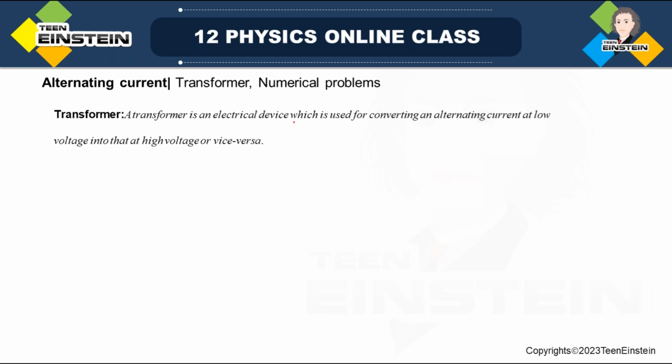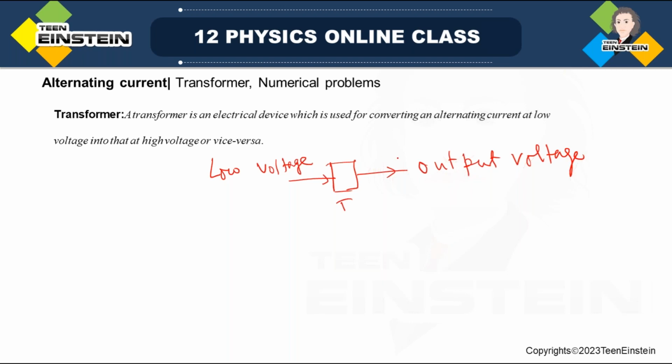It is actually an electrical device which is used to convert alternating current at low voltage into high voltage, or vice versa. That means, suppose you have an input, okay, input low voltage. If you wish to get high voltage, you have to pass it through the transformer, T, so you get an output voltage which is actually a high output voltage.